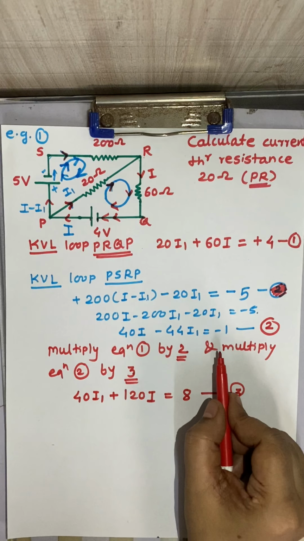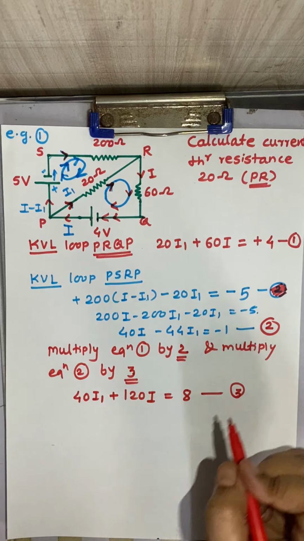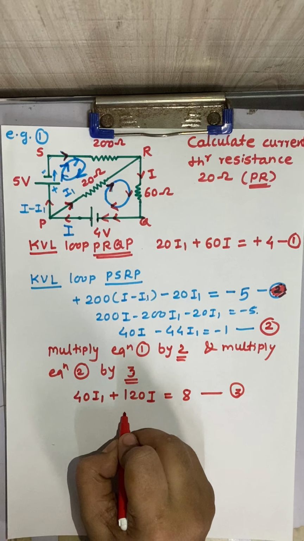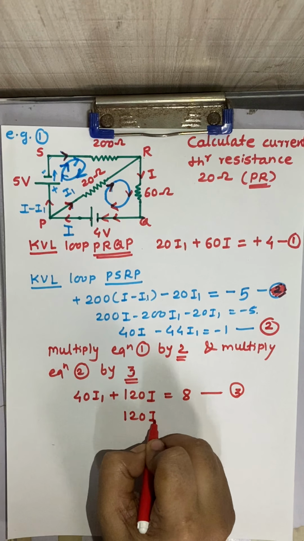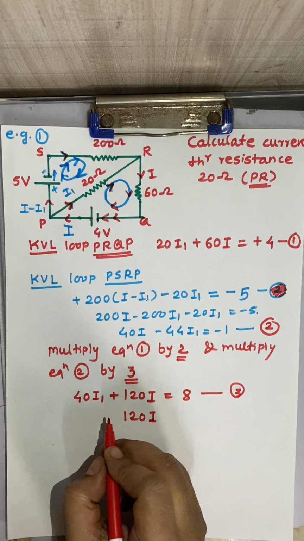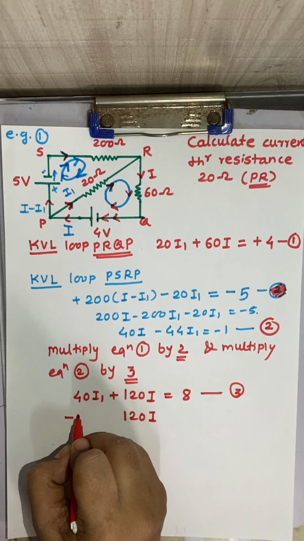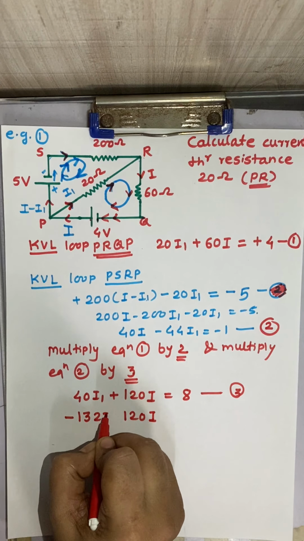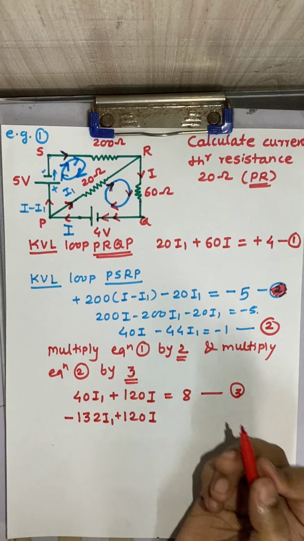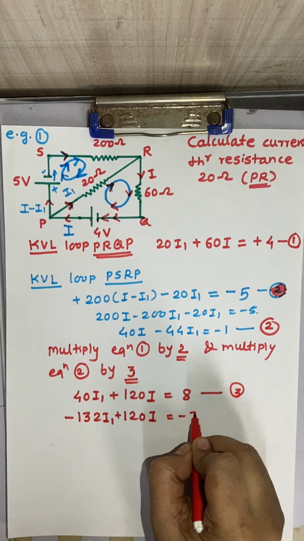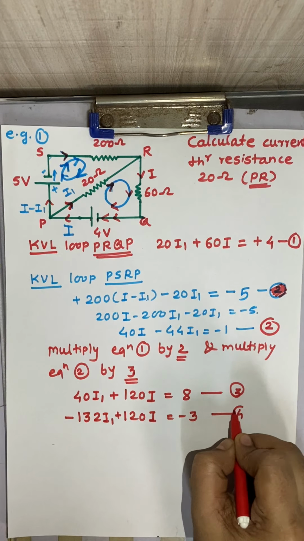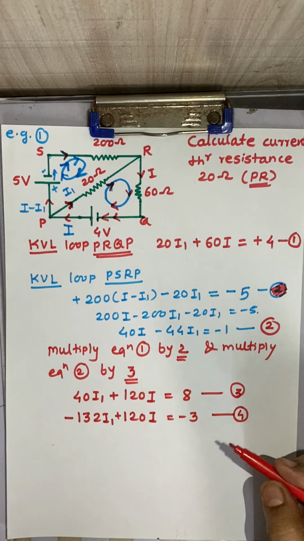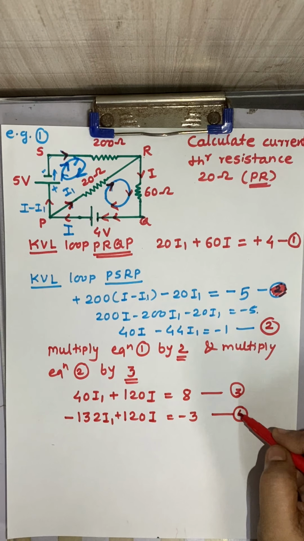Okay, now multiplying the second equation by 3, we will get it as 120 I minus 132 I1 is equal to minus 3. This is the fourth equation. Now you can see that these are the two equations, another two equations we got.